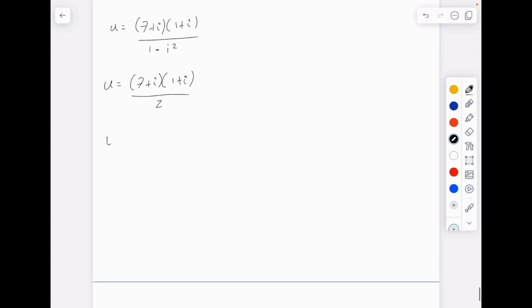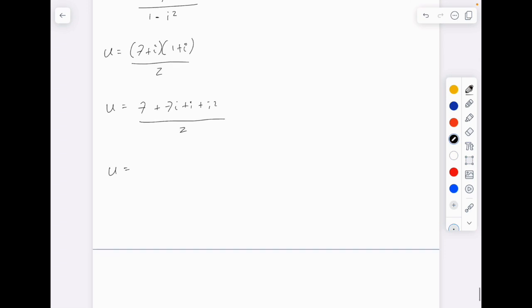So what we've got here is, okay, 7 plus 7i plus i squared, so 7 minus 1, it's going to equal 6 plus 8i over 2.